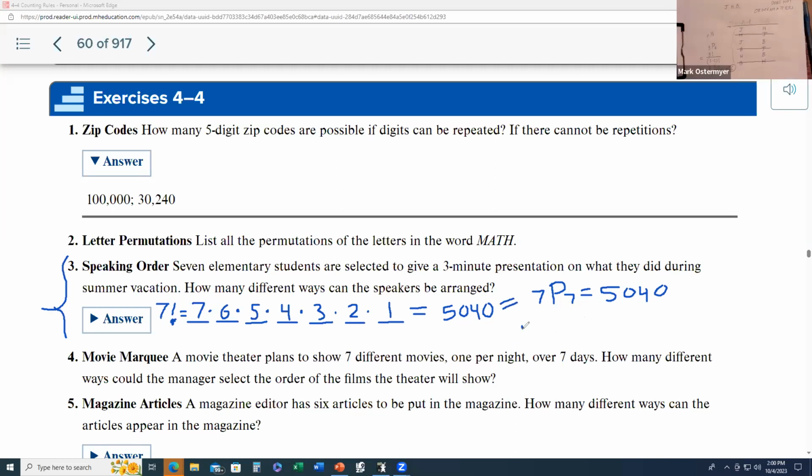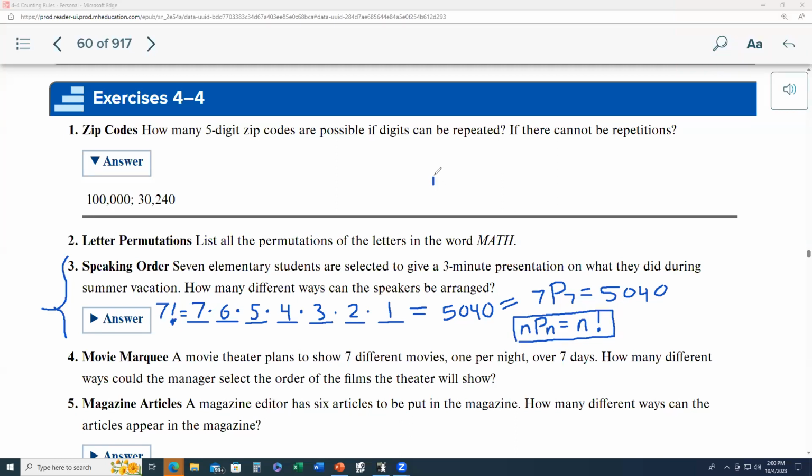I'll let you know a little secret, ladies and gentlemen. This is always true. n permuted n ways is always equal to n what? Factorial. Everybody see that there? n permuted n ways is n factorial. That's always true. Don't believe me? Let's look at the formula. n permuted n ways is, by the formula, n factorial divided by (n minus n) factorial.